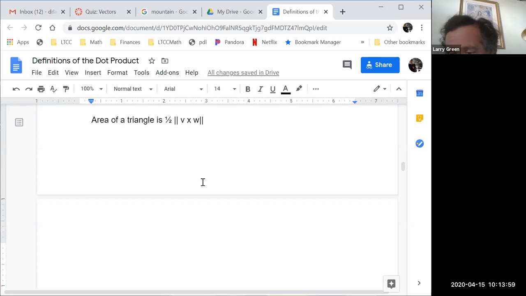Okay, final thing, I only have a minute, but that is, we can talk about the parallelepiped. All right, so you know what a parallelogram is? That means in 2 dimensions, you have 2 vectors, and you make a parallelogram out of it. But a parallelepiped is the same idea in 3 dimensions. It's kind of like a parallelogrammy box.